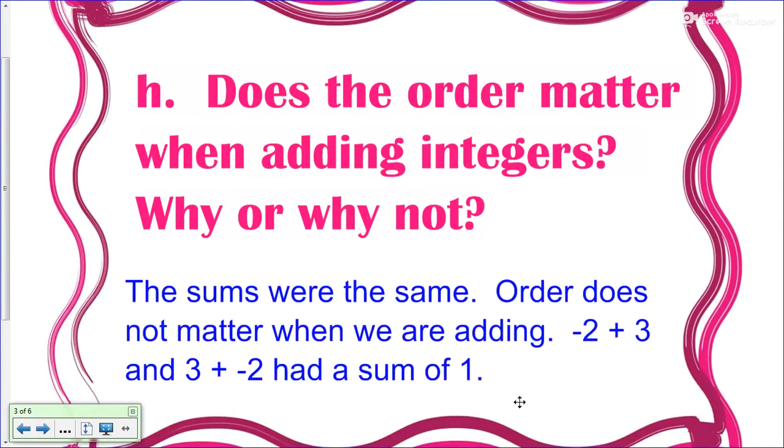So the sums were the same, right? So order doesn't matter. -2 plus 3 and 3 plus -2 still had that same sum, okay? We call that the commutative property of addition, and we'll get to that later this unit. And the order doesn't matter because we get the same answer.